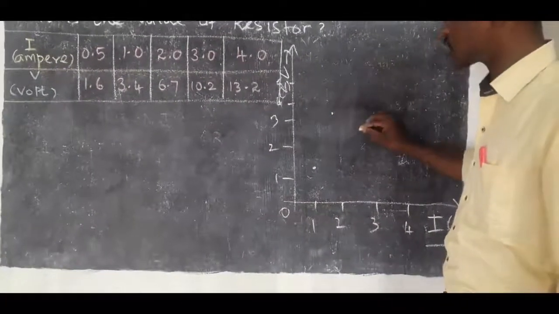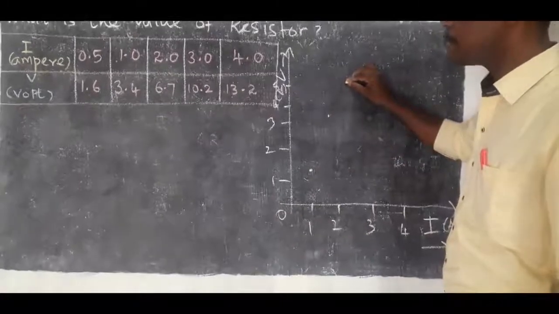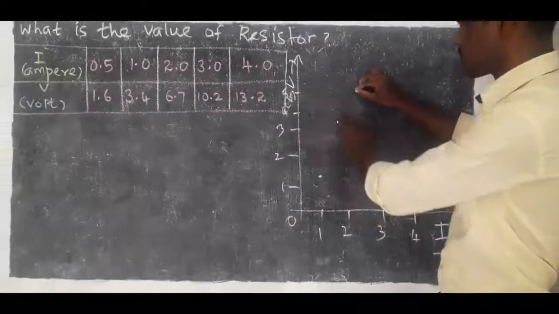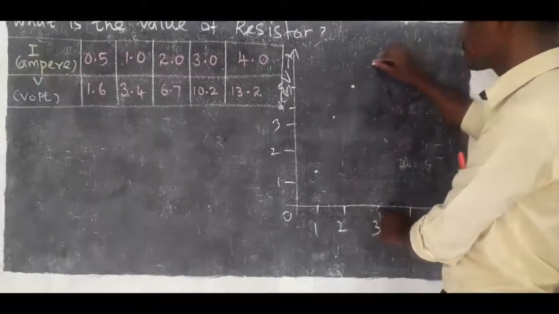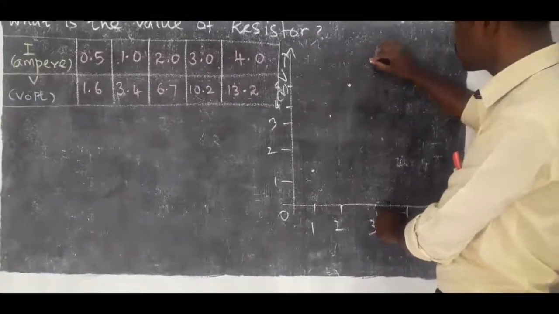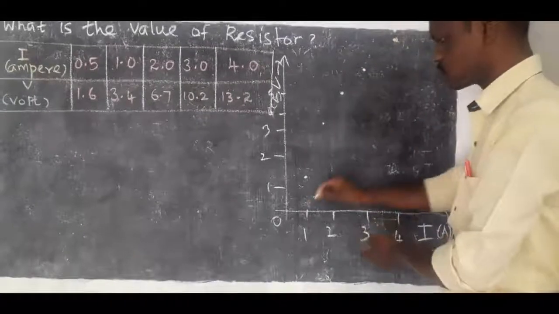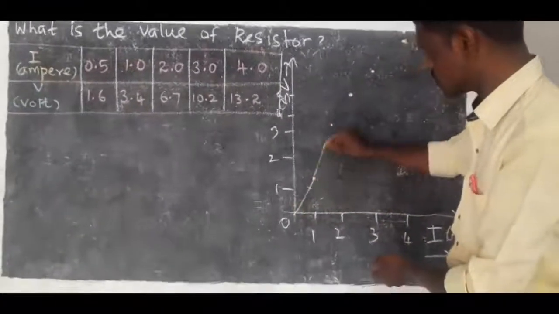Then 6.7 something here, then 3 this one, and this one 4. Simply we will draw the line.